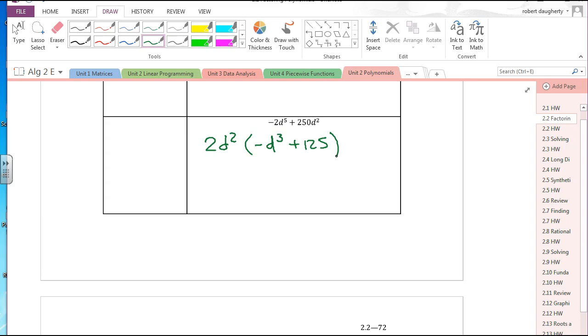Perfect cubes. Sum or difference? I would write it like this.